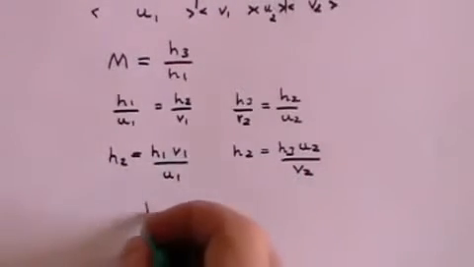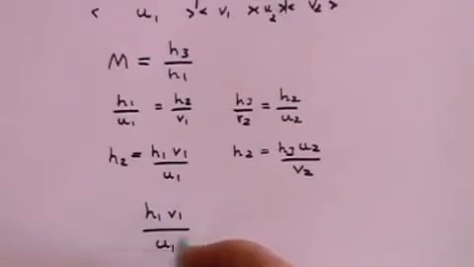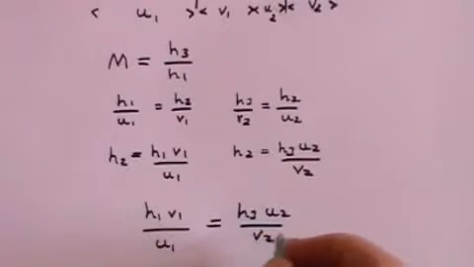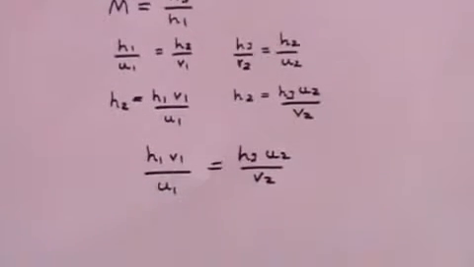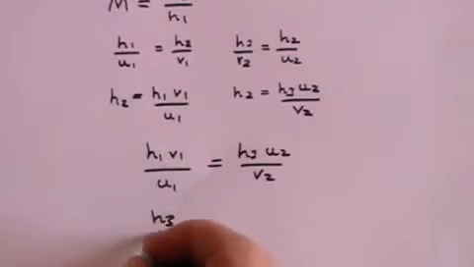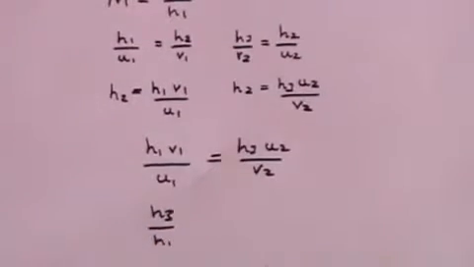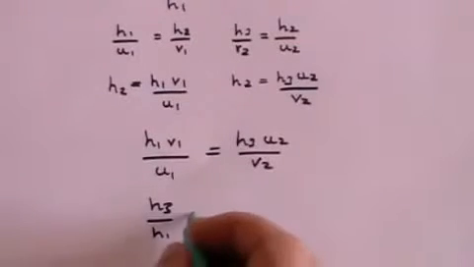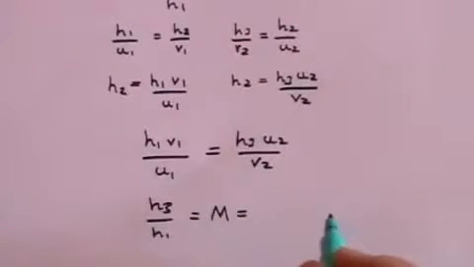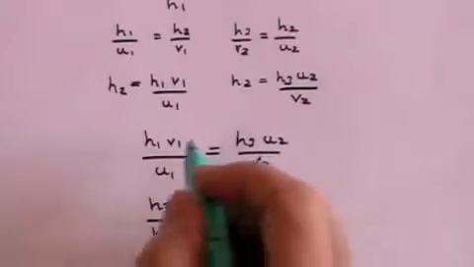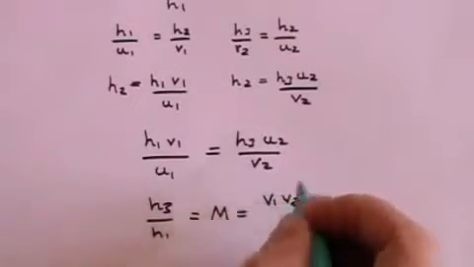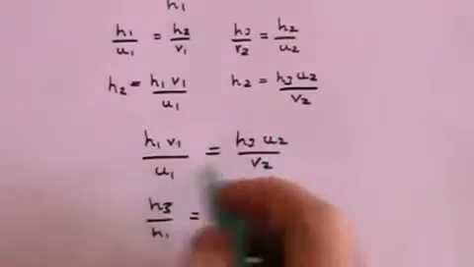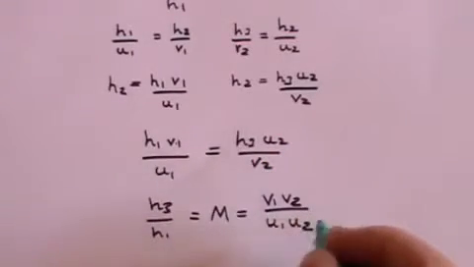So now I can write h1 v1 over u1 equals h3 u2 over v2. And if I simplify that, I get that h3 over h1, which you'll remember is the magnification that we're looking for, equals v1 v2 divided by u1 u2.